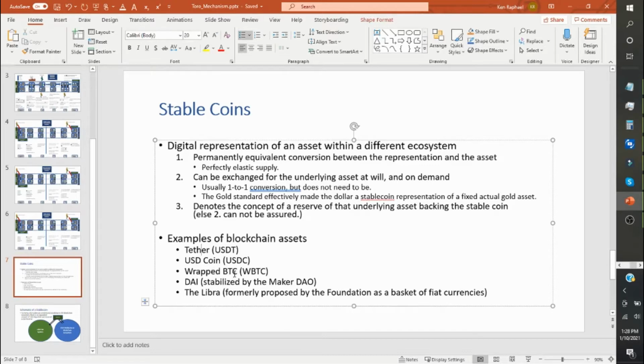Bitcoin itself was made into a stable coin on the Ethereum blockchain, in which case there will be Bitcoins created on Ethereum that represented real, if we can say real world Bitcoins, that represented Bitcoins on the Bitcoin blockchain. So now the different ecosystem was the Ethereum ecosystem, and then Bitcoins were brought onto that. Now the advantage of that is that Ethereum is a faster blockchain and can handle more transactions, so it was now easier.